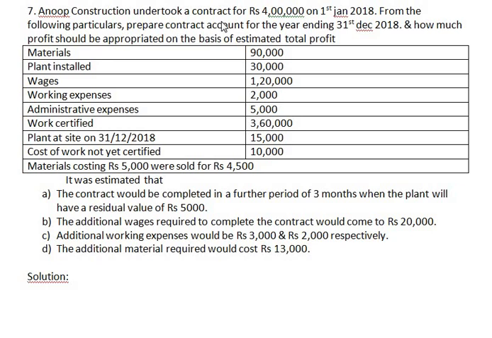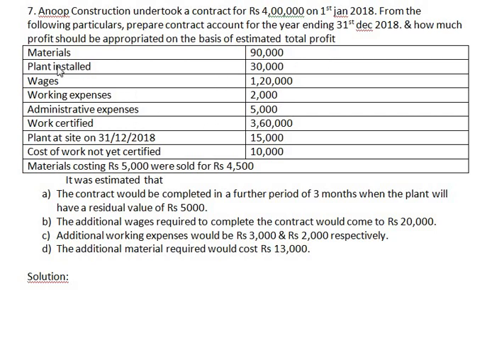Anup Constructions undertook a contract for rupees 4 lakh on 1st January 2018. From the following particulars, prepare the contract account for the year ending 31st December 2018 and state how much profit should be appropriated on the basis of estimated total profit.